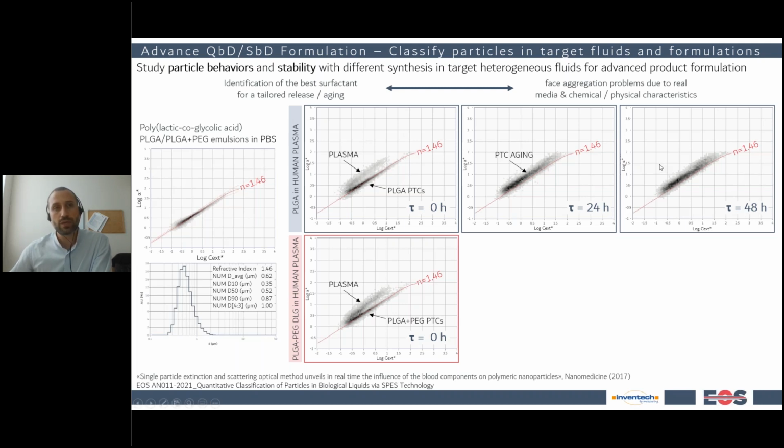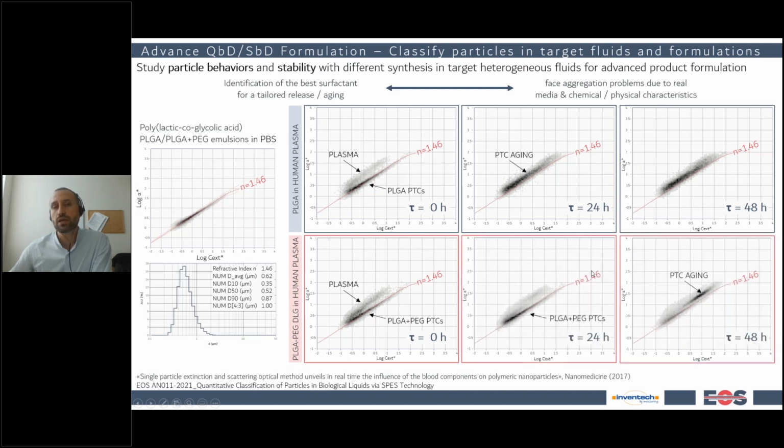And what happens if we measure in the same way the system with the surfactant? We are able to check that the particles are more stable. Let's say they show us a change in terms of the optical properties after a couple of days, not after a single day. So this means that we are able to follow the behavior of the particles in this complex system.